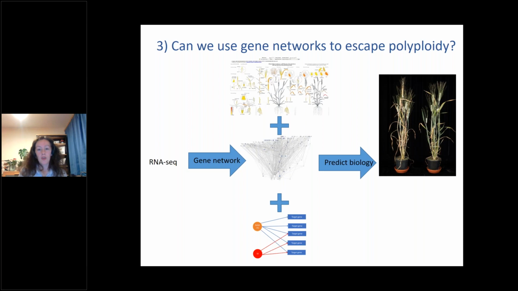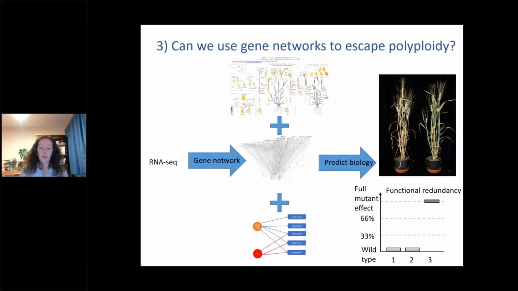And I think this approach is powerful because it allows us to really go past this problem of functional redundancy, where by mutating genes, we often can't see the effects on the phenotype due to functional redundancy. But by identifying the gene networks, we can identify the individual homologs and then prioritize genes for characterization using, for example, tilling mutants, where we can create complete knockouts by crossing together mutations in individual homologs, or by using CRISPR.